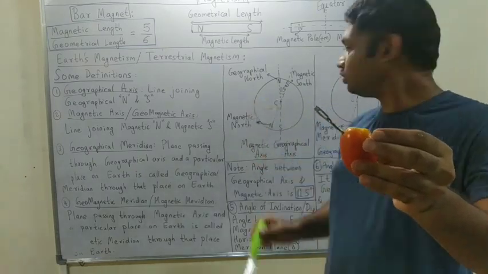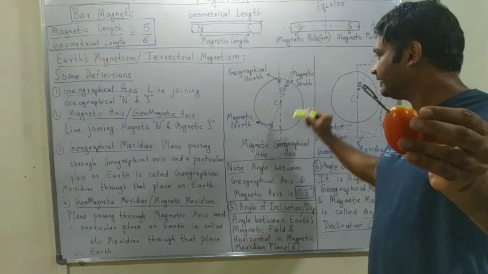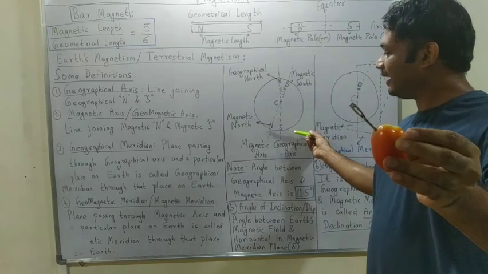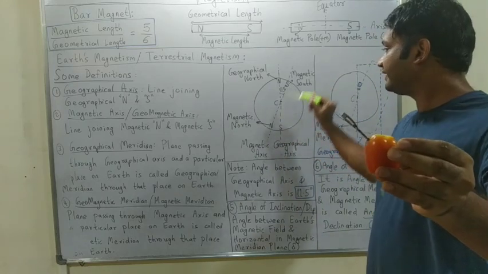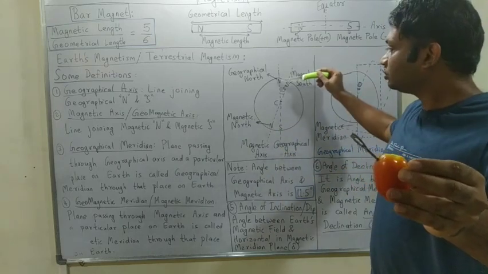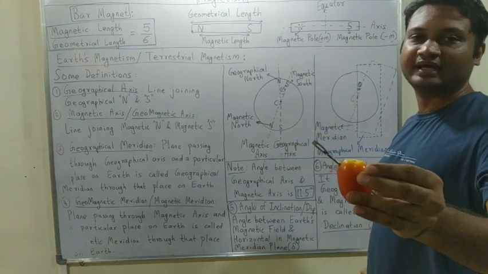The line passing through magnetic south and magnetic north is called the magnetic axis. Once again, the line passing through geographical north and geographical south is called the geographical axis.